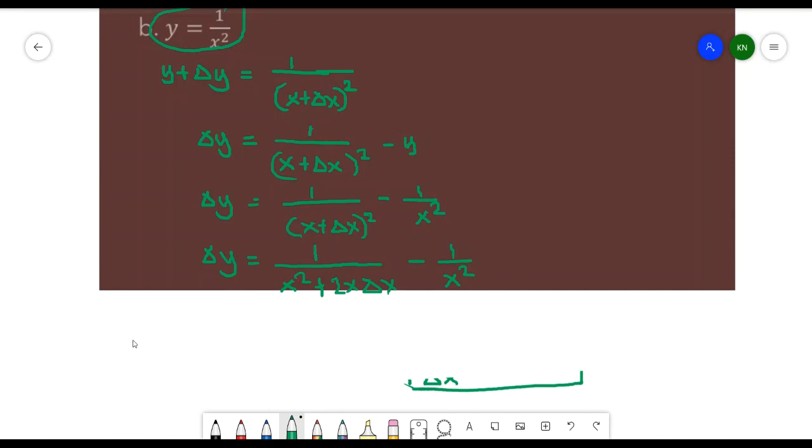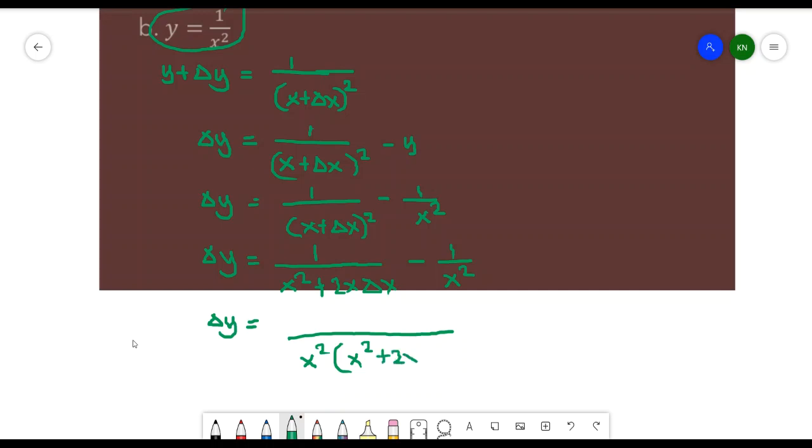So let's try to combine that by determining the LCD. So we have the LCD now is x squared times x squared plus 2x delta x plus delta x squared. I'm sorry, that is plus delta x squared.